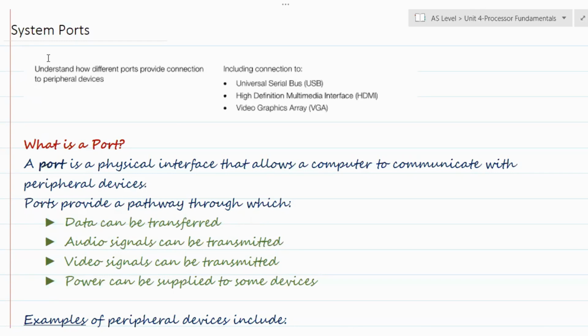Today we are going to learn about system ports. Have you ever noticed that your keyboard, mouse, monitor, projector, and smartphone all connect to a computer using different types of connectors? Why can't we use the same port for every device?